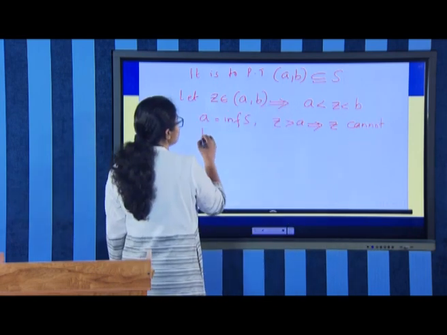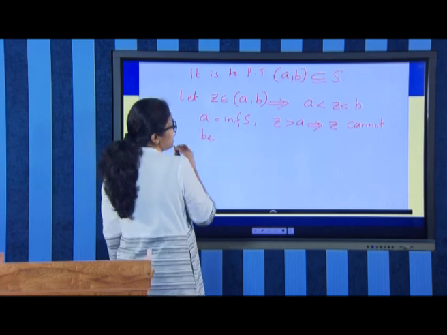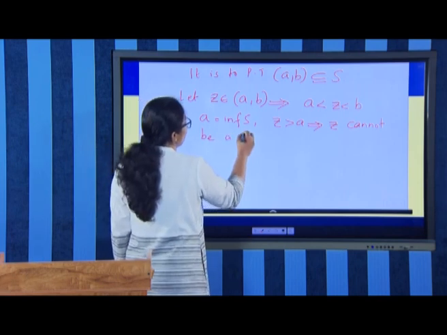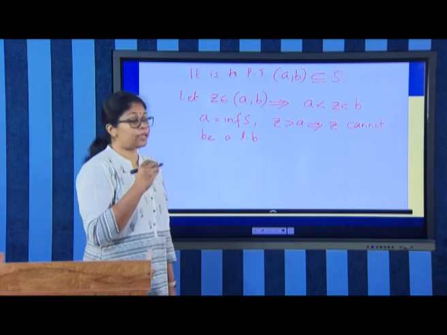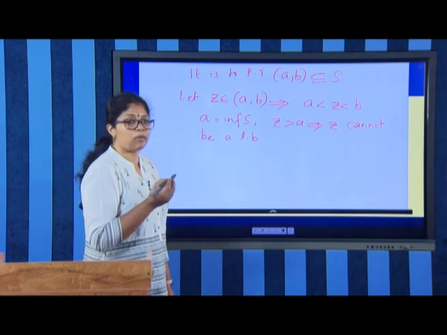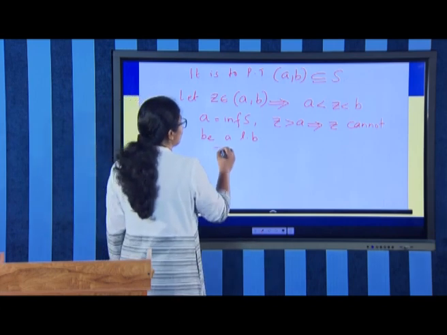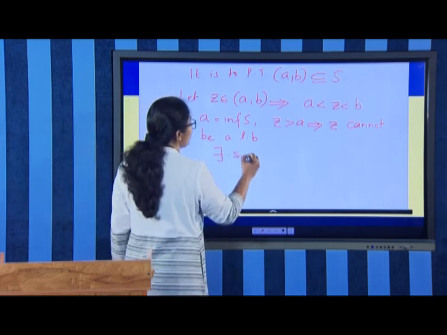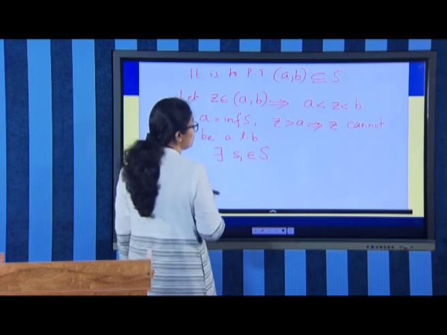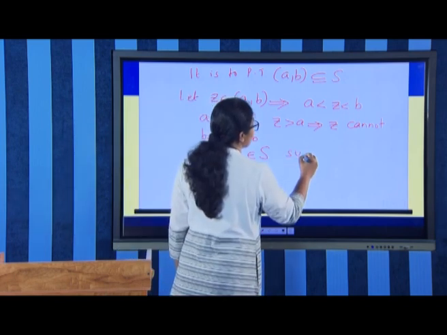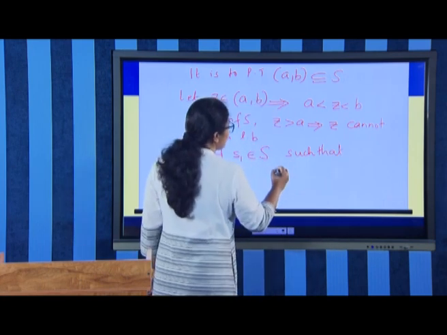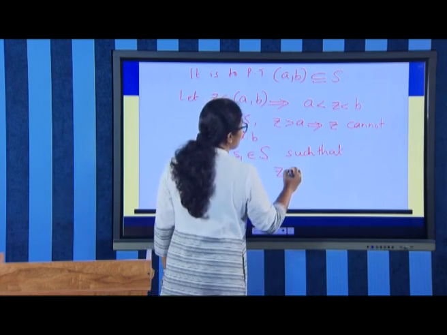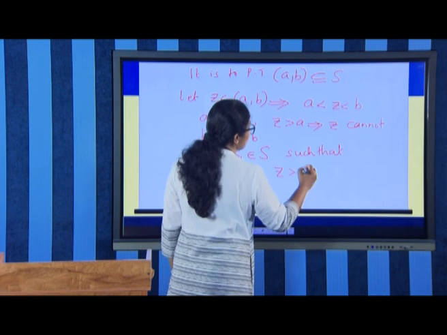Why? Because the greatest lower bound is A, so Z cannot be a lower bound. How can we show that a real number is not a lower bound of a set? There exists at least one element, say S1, such that Z is greater than S1.